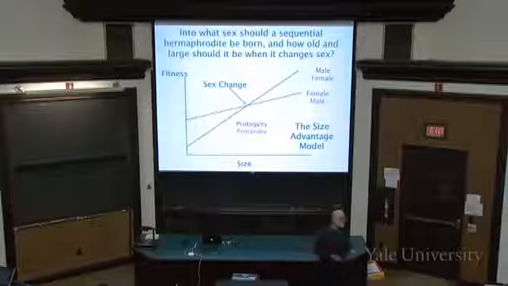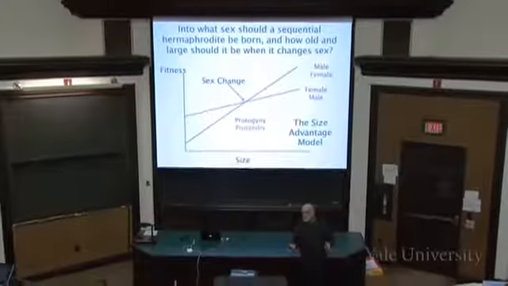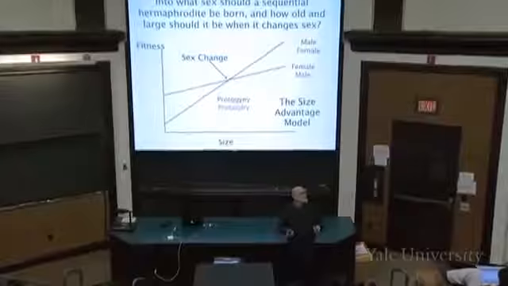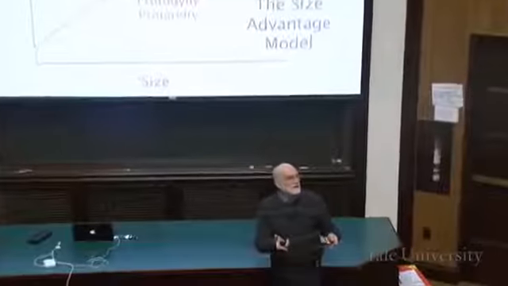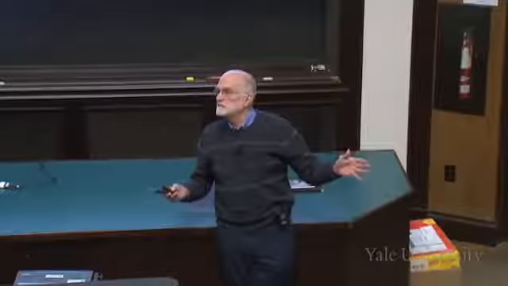A lot of this analysis is done in fish, and the default condition is pretty well described in a lot of fish. Small males do just fine in matings if there aren't complex social interactions, if you don't have to fight in a dominance hierarchy to get to a mating. And big females can make enormous numbers of eggs. A big female codfish, a 6-foot-long female codfish, can make 100 million eggs. A big grouper can make 100 million eggs.